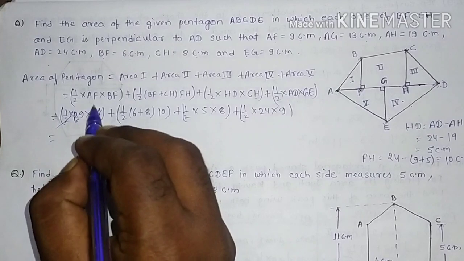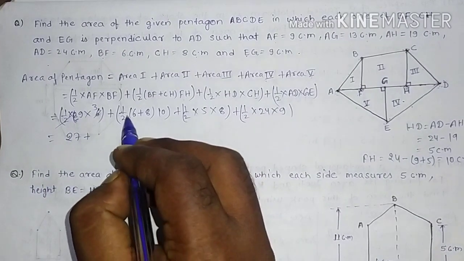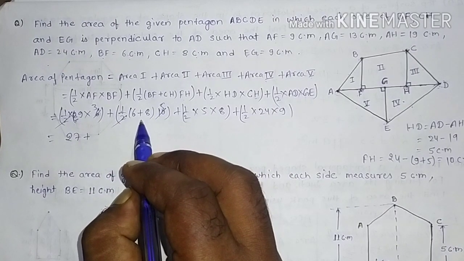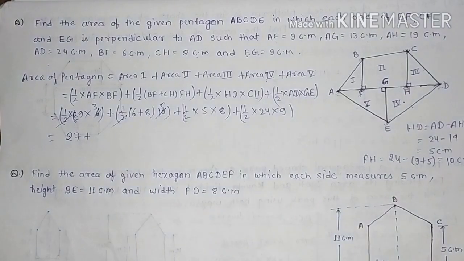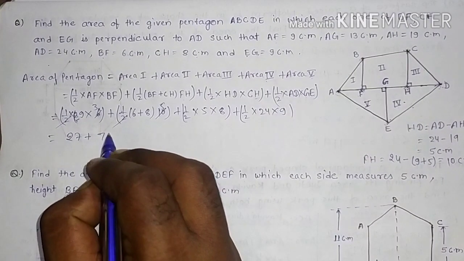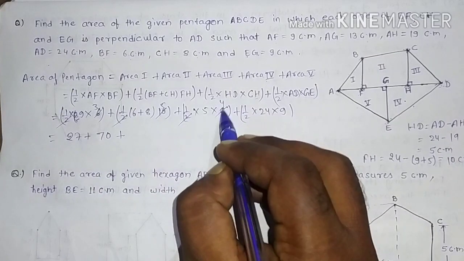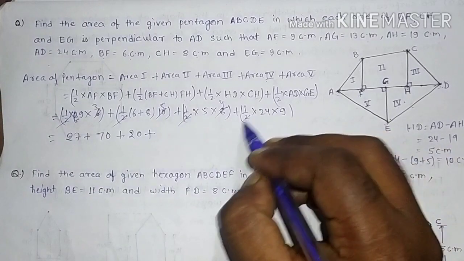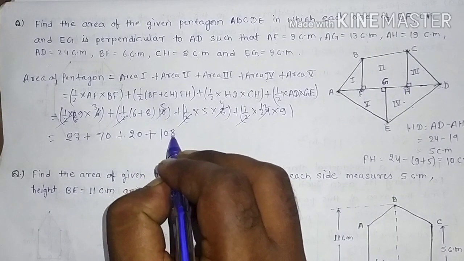So 2 3s are 6, 9 3s are 27, plus 2 5s are 10. Now 6 plus 8, that is 14. 14 into 5, that is 70, plus 2 4s are 8, and 4 into 5, that is 20, plus 12 9s are 108.